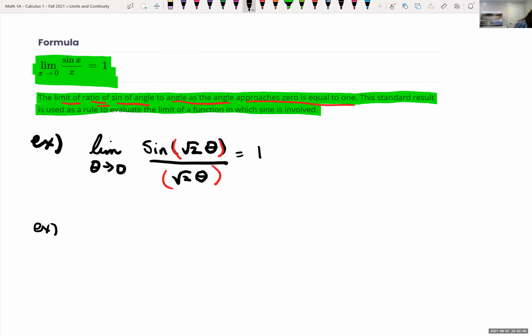Okay, that one wasn't too bad. What about if we had the limit as t is approaching 0 of sine of k times t all over t, and we're given that k is equal to some constant.